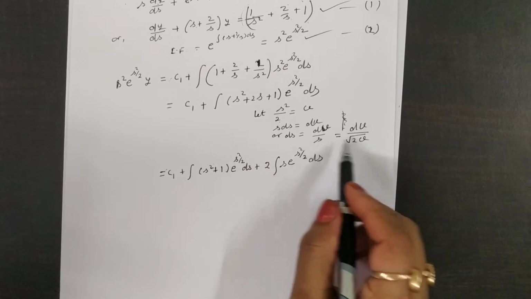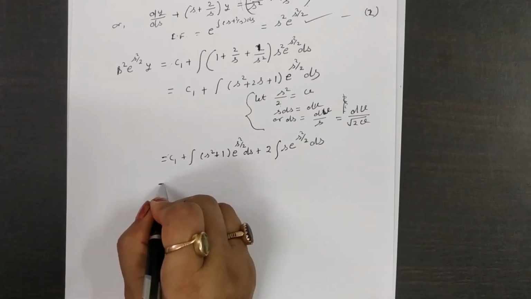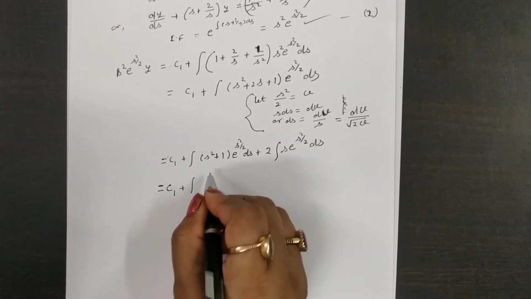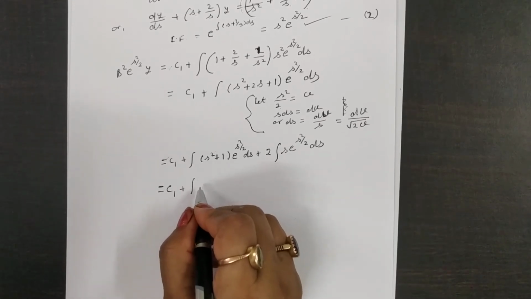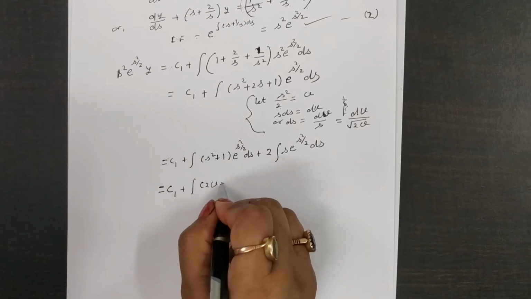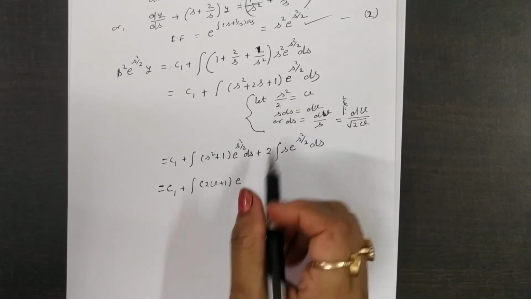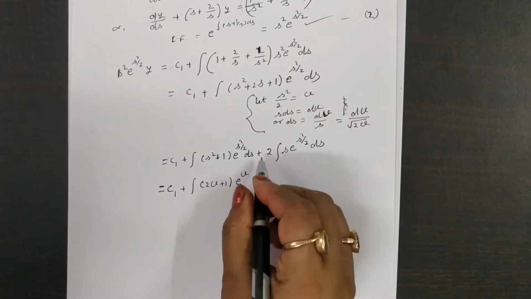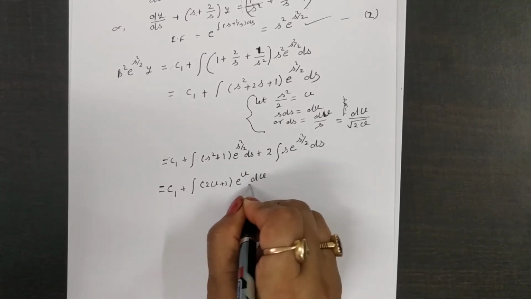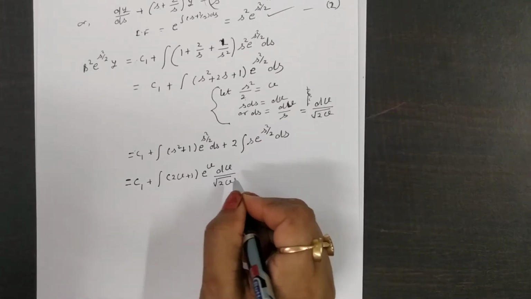Okay, now this term, you have to suppose this one, so this can again be written as c1 plus s square plus 1, this can be written as 2v plus 1, and here is again e to the power s square by 2 is v, so e to the power v, and ds is dv by under root of 2v. Clear?